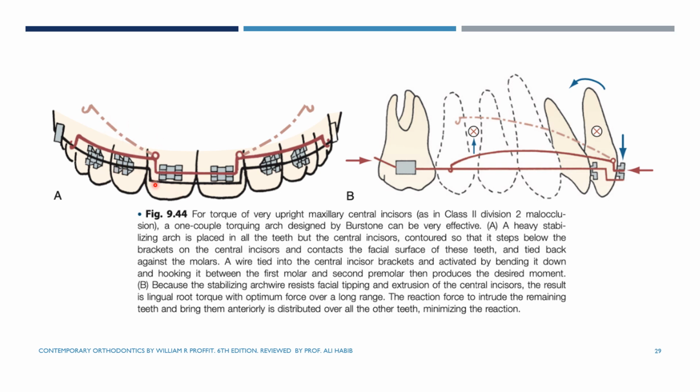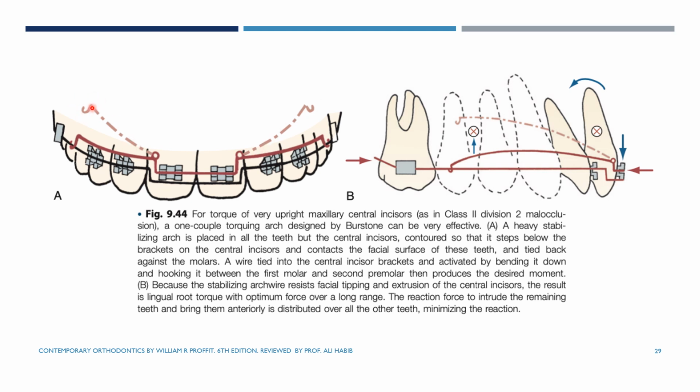So what happens here is that the base arch wire is engaged in all brackets except the incisors, and below the incisor brackets. Then we engage this torquing spring, which is engaged in the central incisor brackets, a rectangular wire with helices here, and this arm upward.